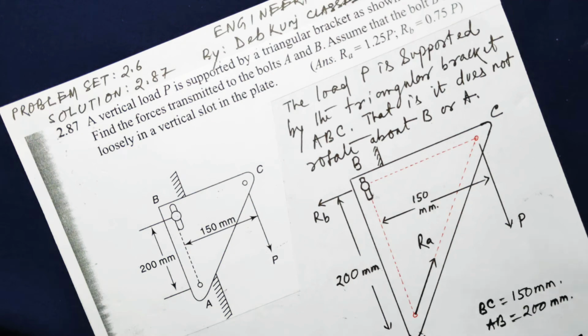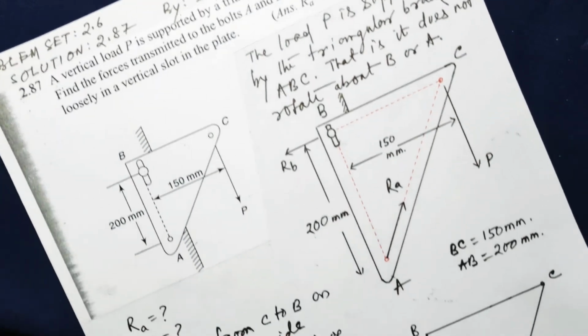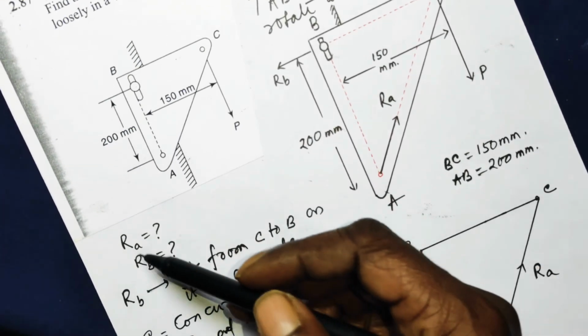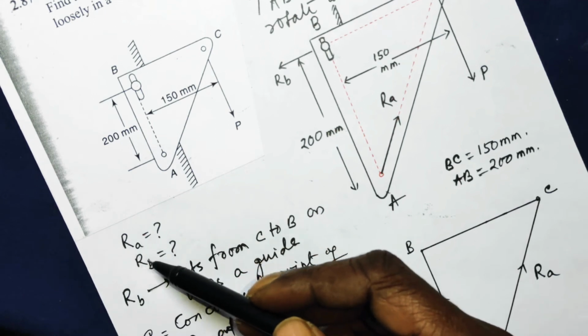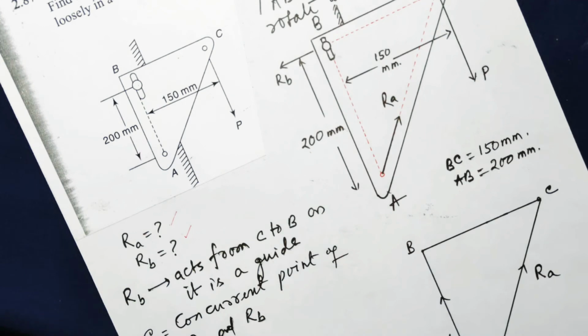Now here we shall find the turning effect of various forces about point A and point B, and we'll make the clockwise moment of the forces equal to the anti-clockwise moment of the forces about a given point, and I'll find out the reactions at A and at B. So what is to be found out is the reaction force at A represented as RA, the reaction force at B represented as RB. These two things are to be found out.